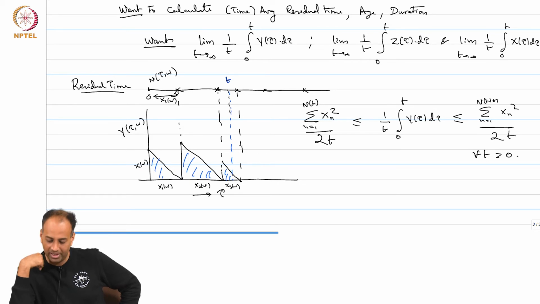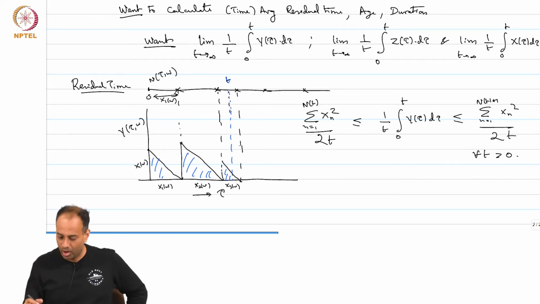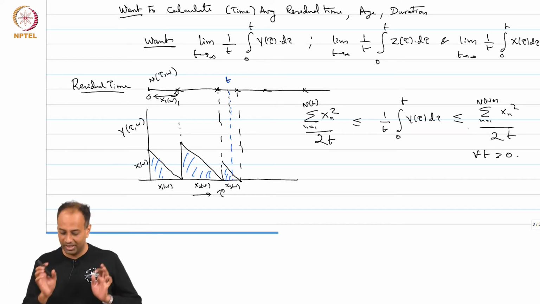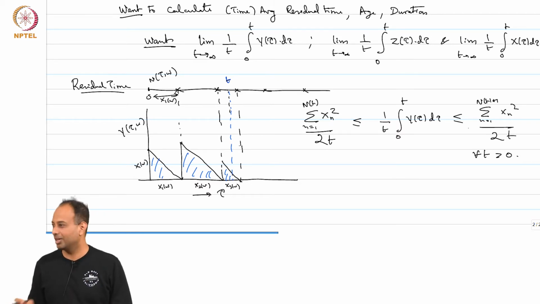So, now I have to send t to infinity. What I really want is to put a limit t tending to infinity here. If I send the limit t tending to infinity in the lower bound and upper bound, I will have a sandwiching, and hopefully the lower bound and upper bound go to the same thing. If they do, I have a result for the limit of whatever I want.